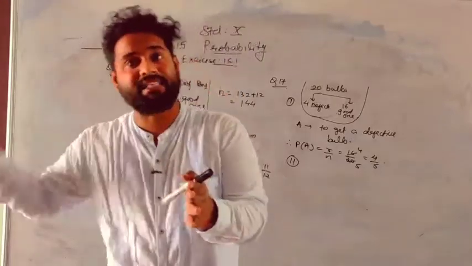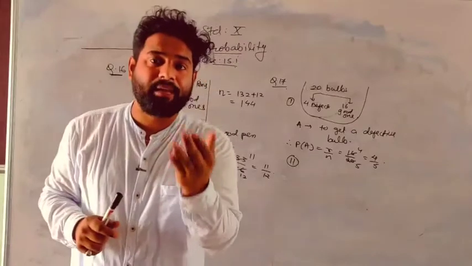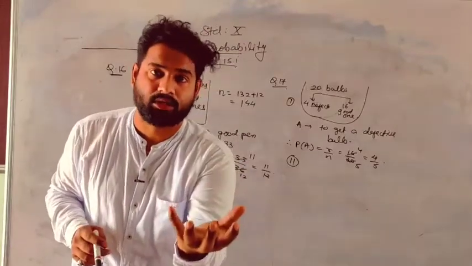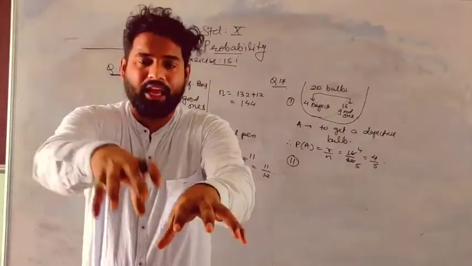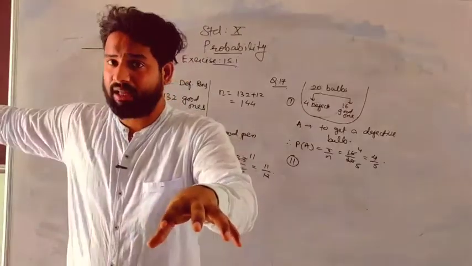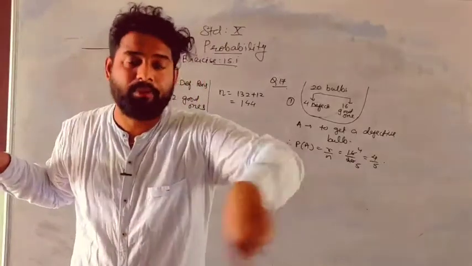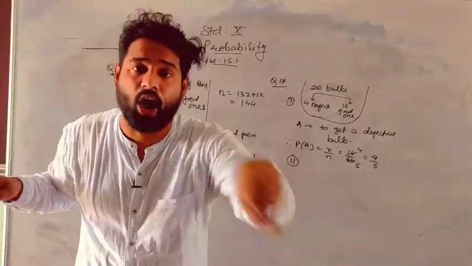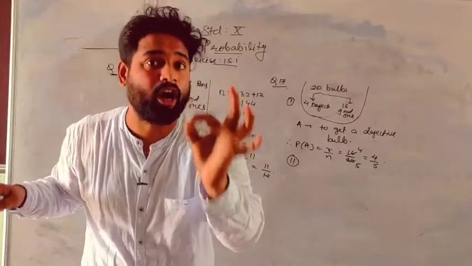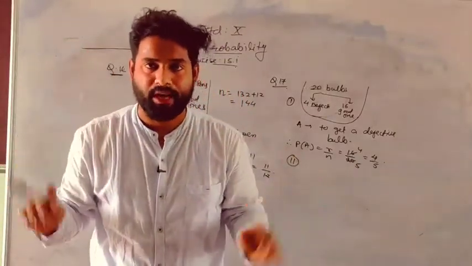I have kept it aside. Are you getting my point? So whenever replacement is not done, the quantity will reduce. Initially 20 was there. If I take one bulb and put it outside, not replacing it, then one bulb is going to reduce from that lot. I hope it is clear, right?